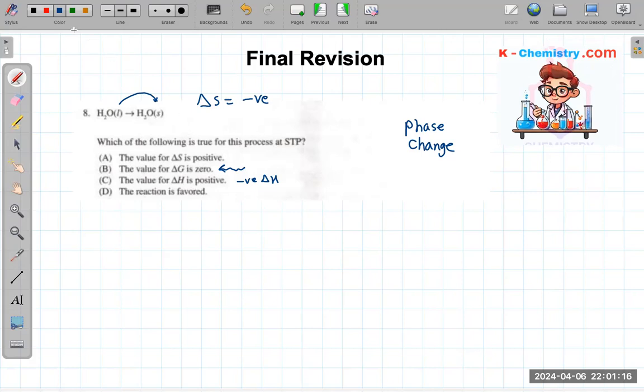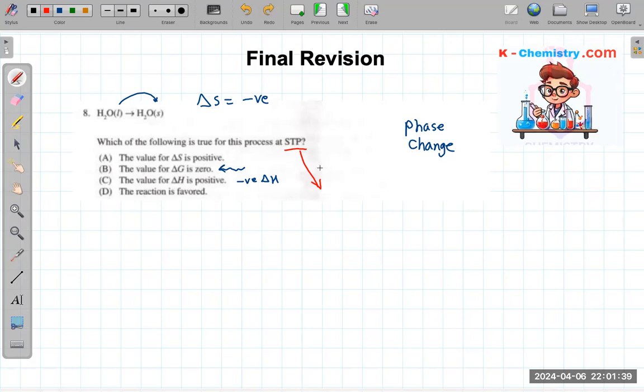He gave me a very small point that will help me. He said at STP, and this means that we are at 25 degrees, or which degrees?